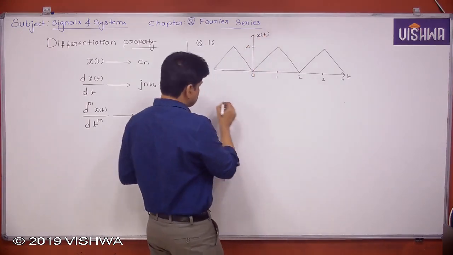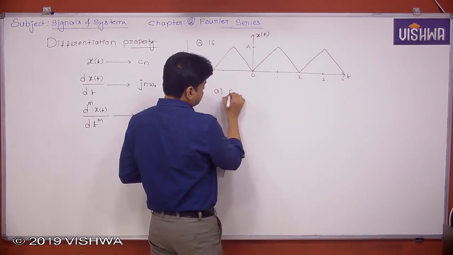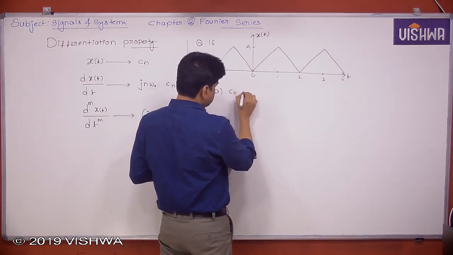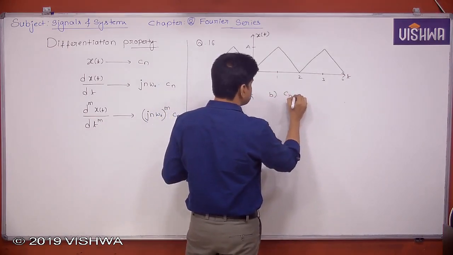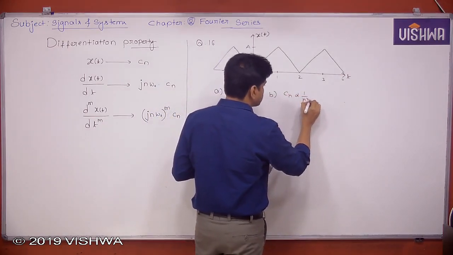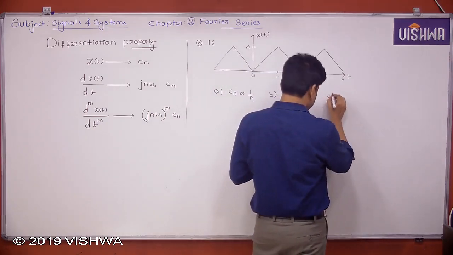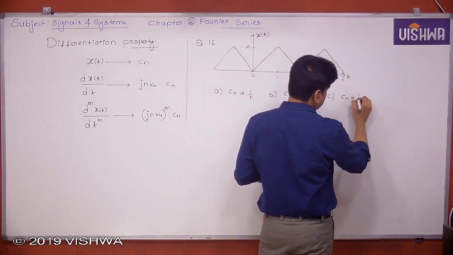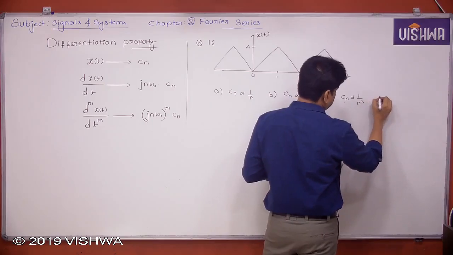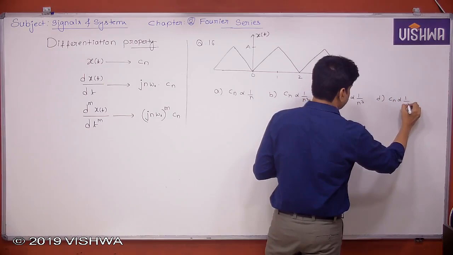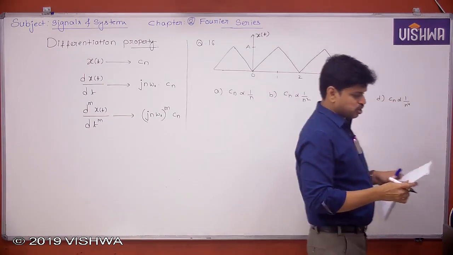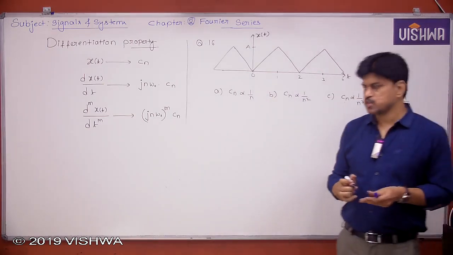For this, the options: Option A, Cn, the Fourier series coefficient, is proportional to 1 by n. Option B, Cn is proportional to 1 by n square. Option C, 1 by n cube. Option D, 1 by n power 4. Which option is going to be correct?